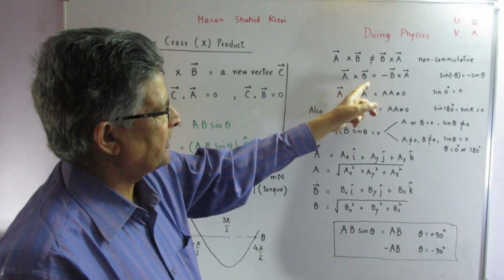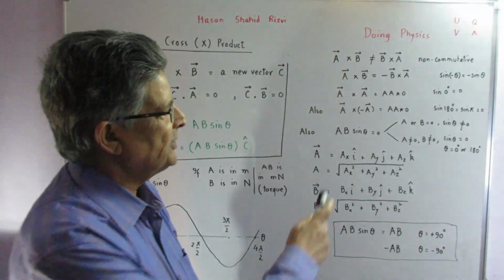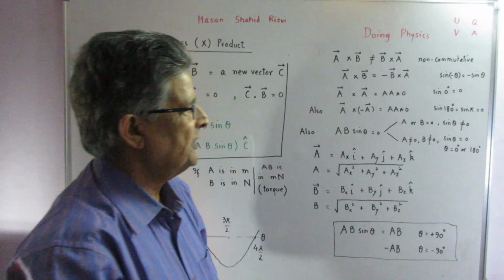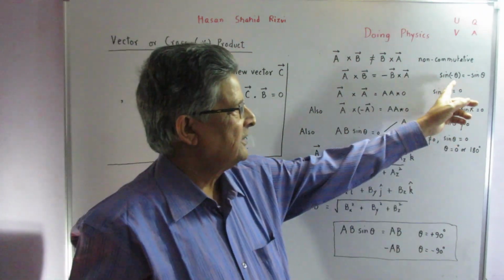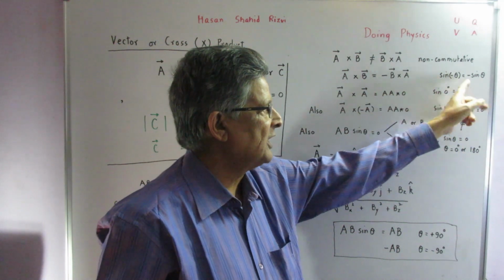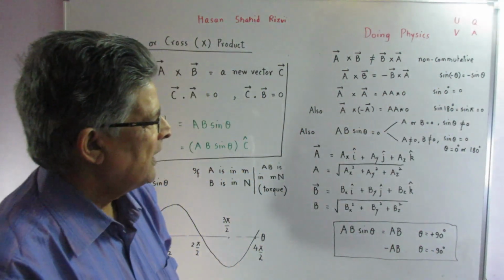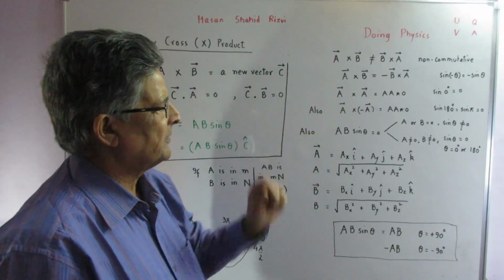Instead, what we obtained was that A cross B is equal to minus B cross A, the reason being that the angle was in this case sine of minus theta, and sine of minus theta is equal to minus sine theta.